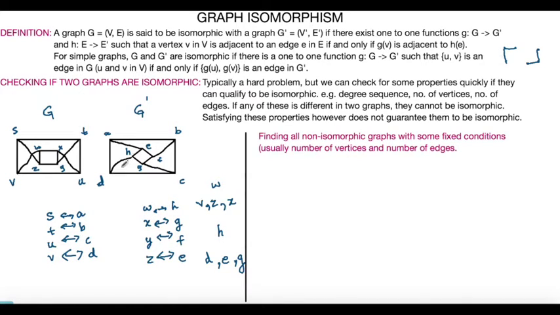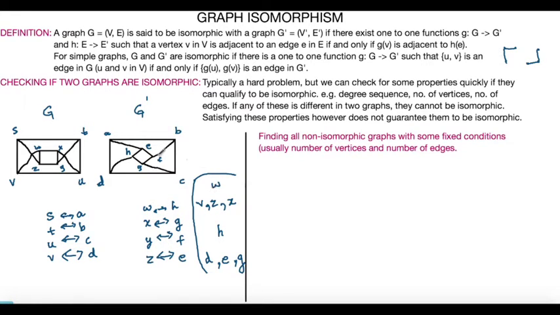H is connected to D, G and E. So that means that when we make these mappings, all the edges are conserved based on the new mappings.